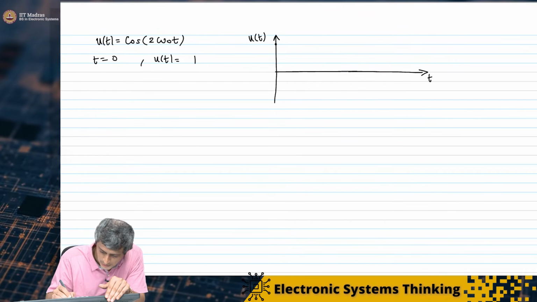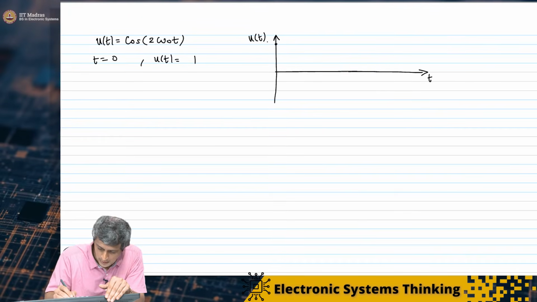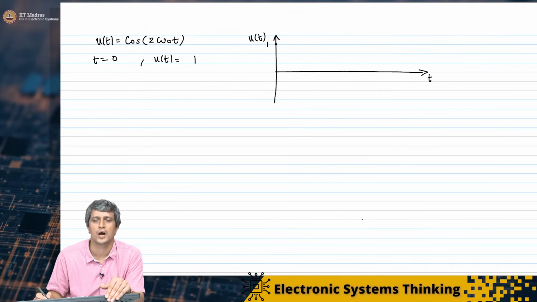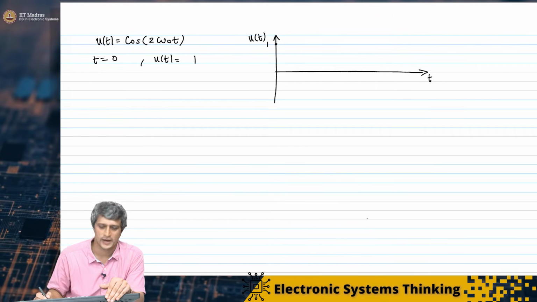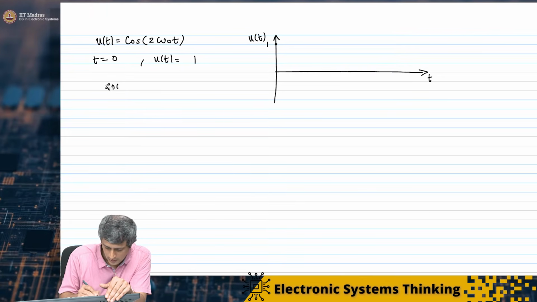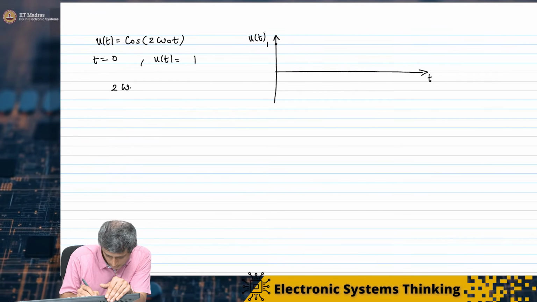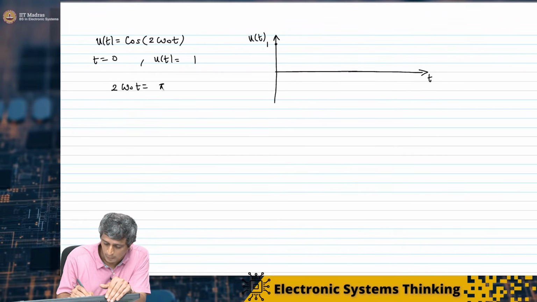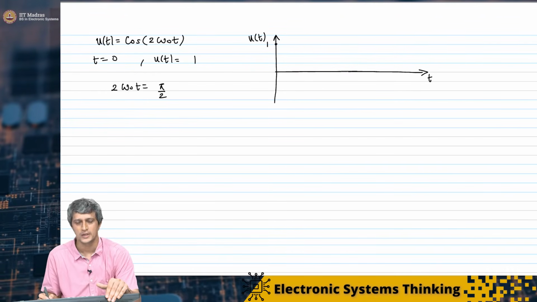So this is going to start at its highest value, which is 1. And at what point will it come down to 0? It will come down to 0 when 2 omega naught t is pi by 2, because cos pi by 2 is 0.